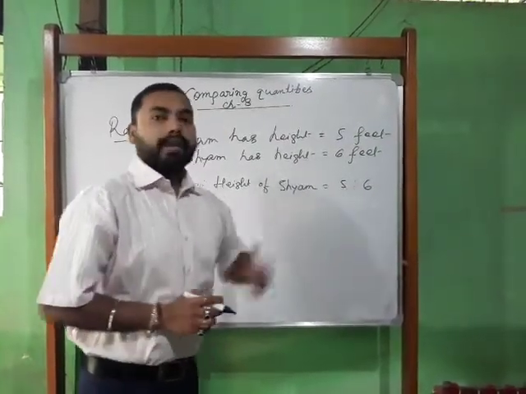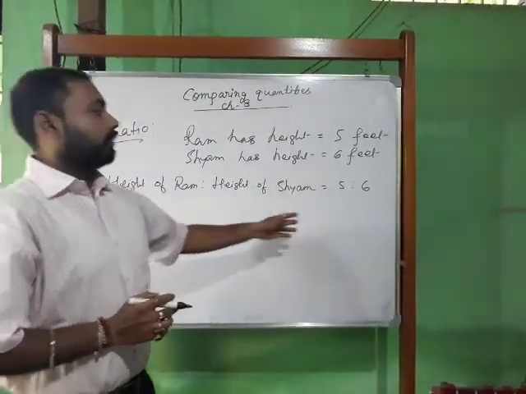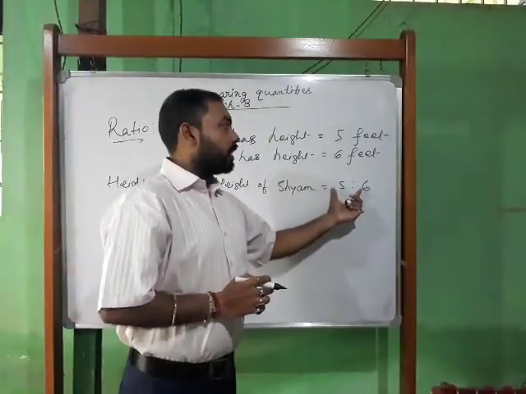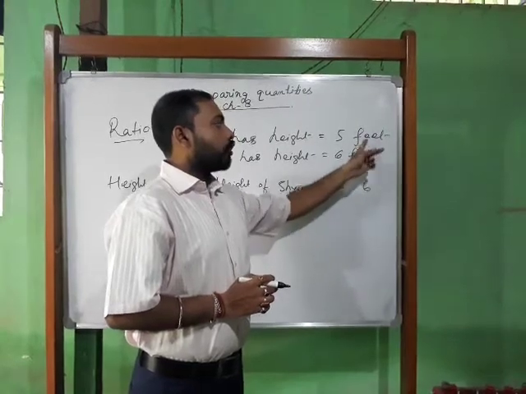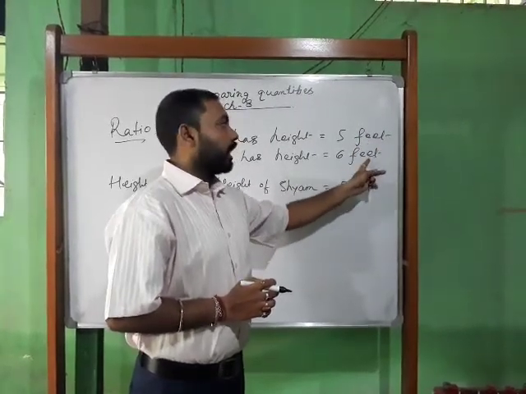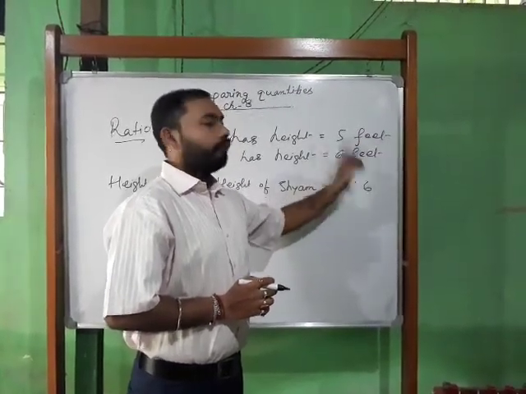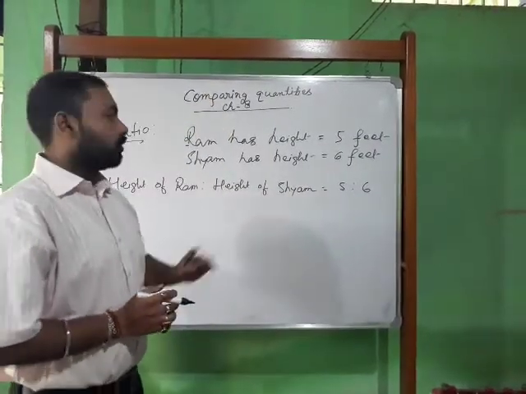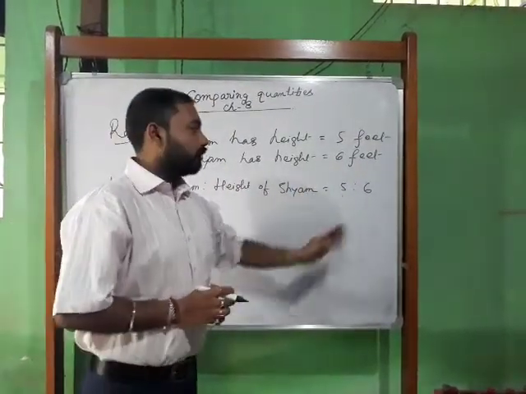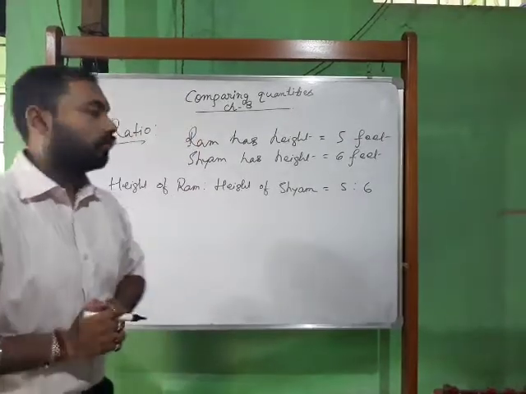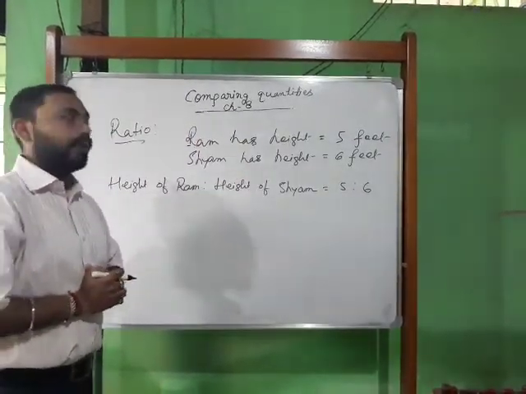You have to keep in mind that while comparing, the two quantities should have same unit. As you can see, feet and feet, both are in feet, so we can compare in this way. So this is 5:6, that is the ratio of Ram and Shyam height.